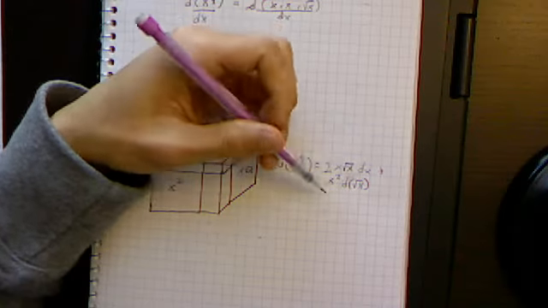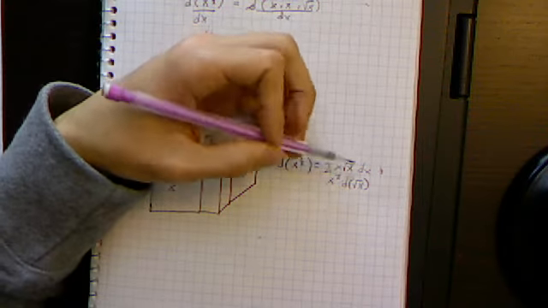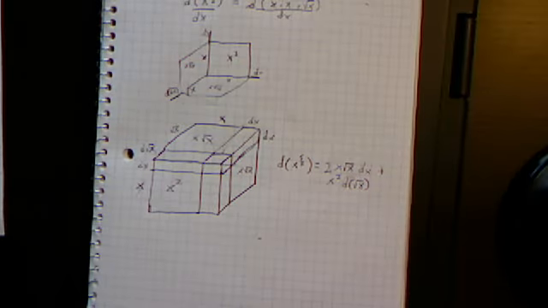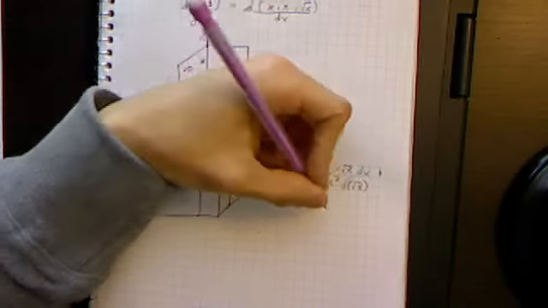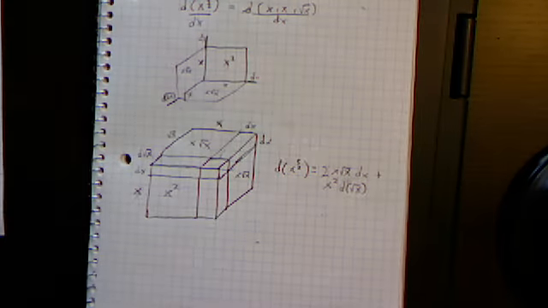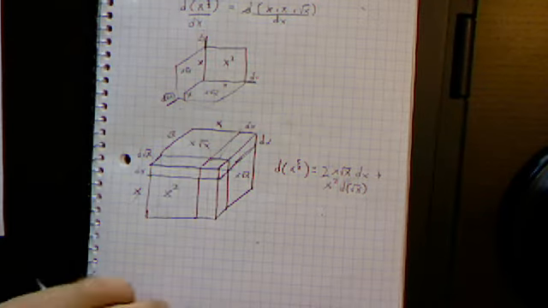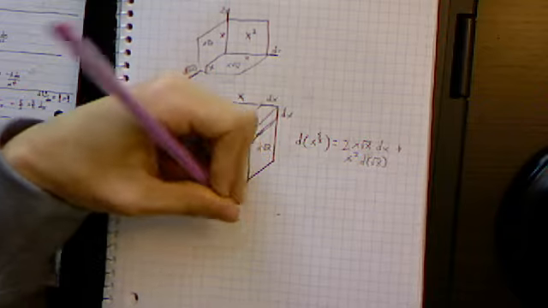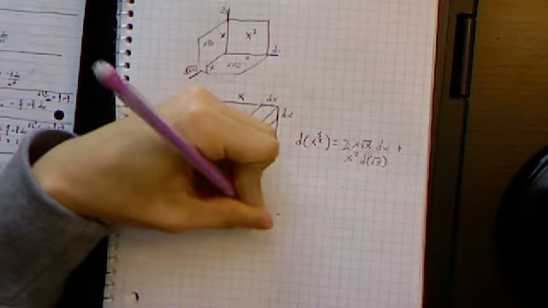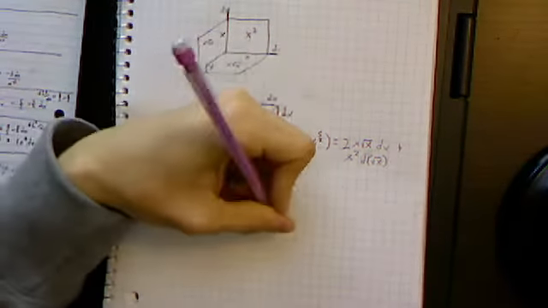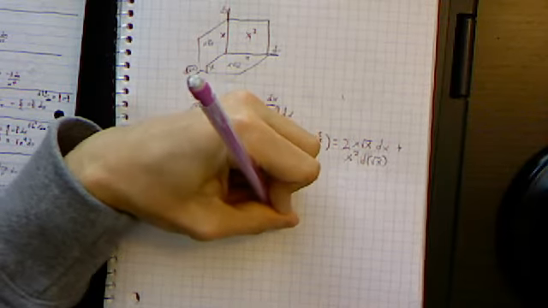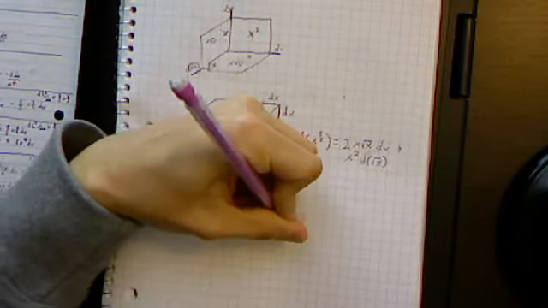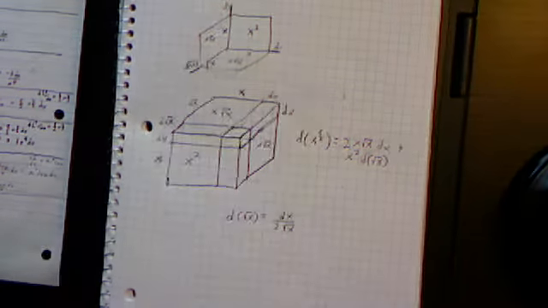Now we have to know what the derivative of the square root of x is. You can look back at the other tutorial and just plug that in right there, but let's go through that real fast. We know that the derivative of the square root of x is, let me just do this real quick in my head, it's dx over 2 square root of x.